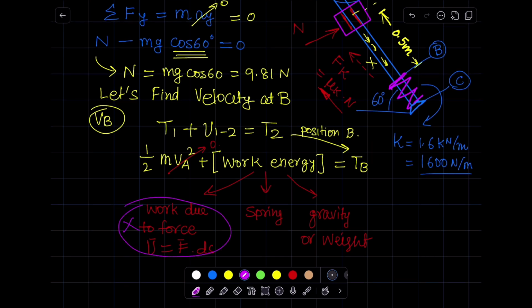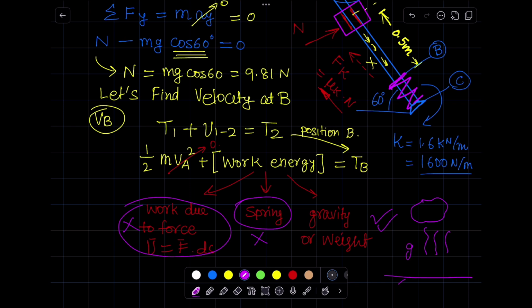Now I'm going to write these equations for you, using the formula of work due to the friction force and work due to gravity, or mgh.